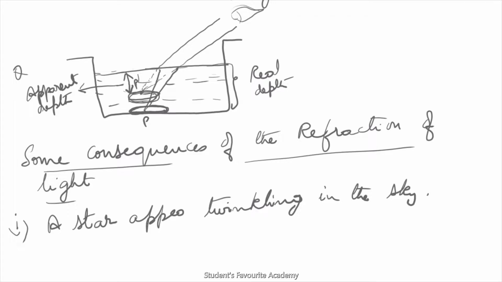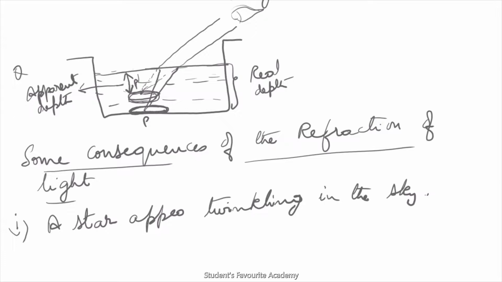Now what happens is that the light ray coming from the star and reaching our eyes passes through different layers of the atmosphere, different layers of the air. Now, the different layers are at different temperatures. So, because of that, the layer of air which is at a higher temperature becomes rarer than the air which is at a lower temperature, which is denser.